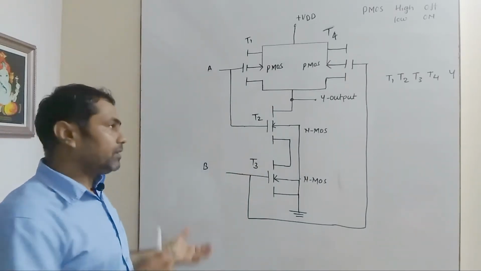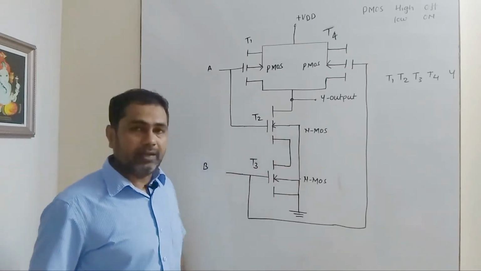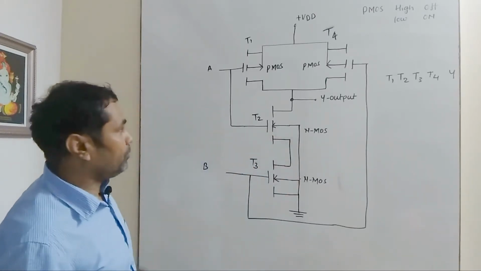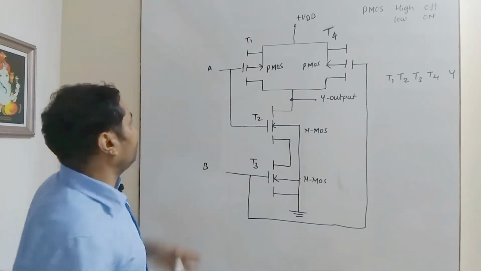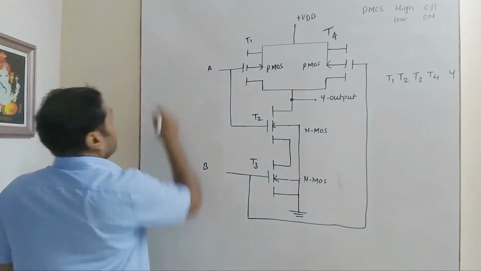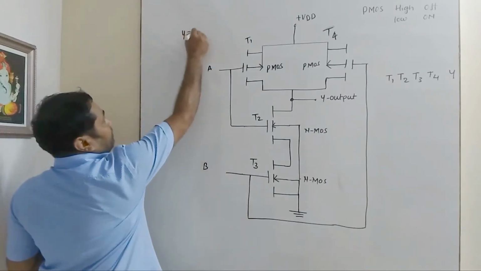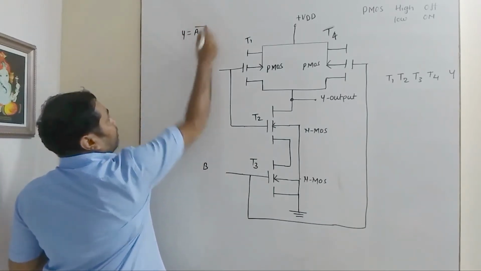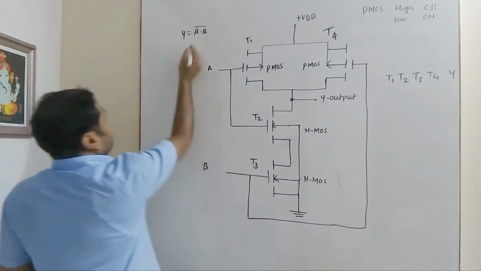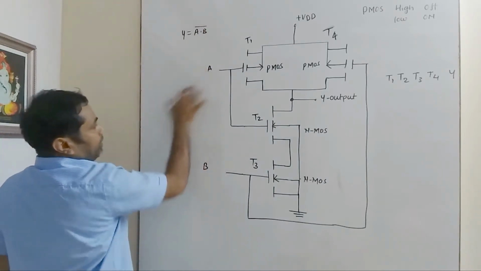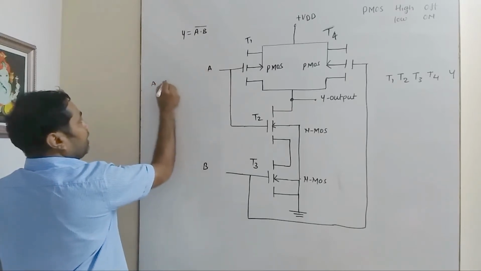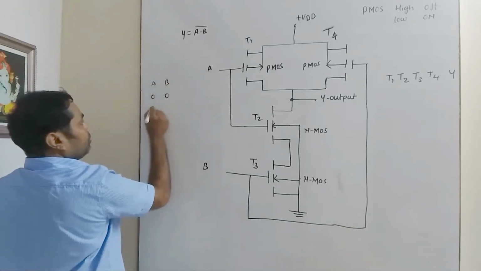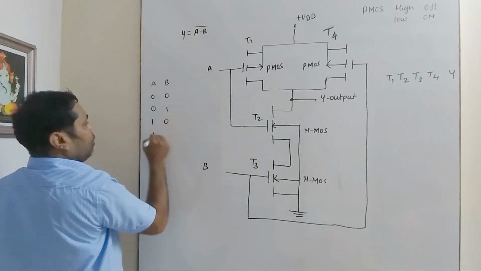Let us check whether it will work like a NAND gate or not. First of all, let us consider the condition that A and B are both connected to 0, 0. The NAND gate's Boolean equation is given by A dot B, full complement. We can draw the truth table: as there are 2 inputs, there will be 4 possible combinations, 0 0, 0 1, 1 0 or 1 1.